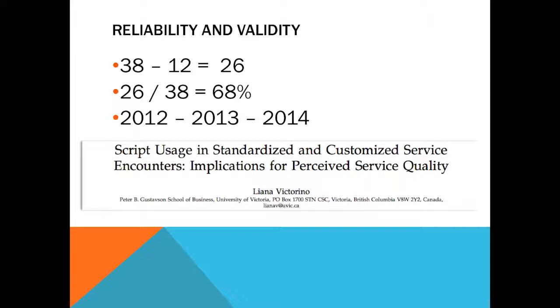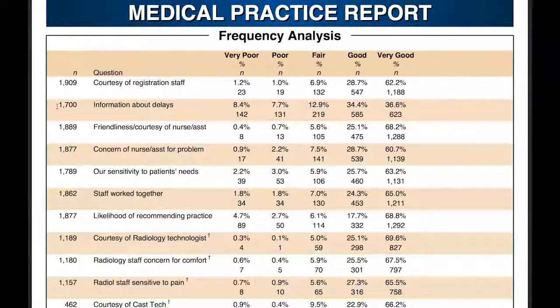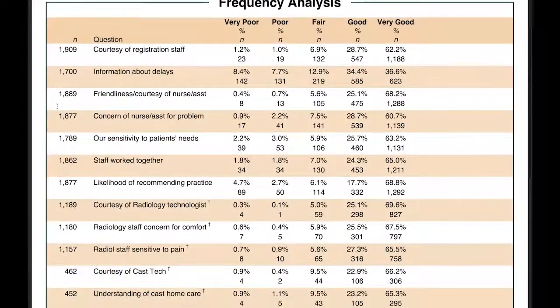Now, as far as validity goes, I'm going to compare my data on scripting to the data pulled out from my research, my literature review, script usage and standardized and customized service encounters. Now, that is established research. I compare my data to their data and look for correlations.